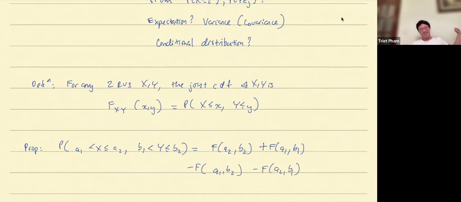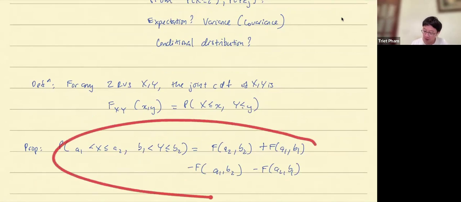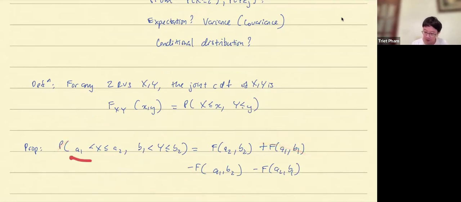Do we see why? Do we even know what's going on? Why is this true? This is true for any values A1, A2, B1, B2.